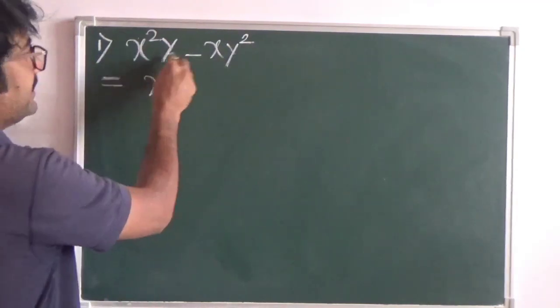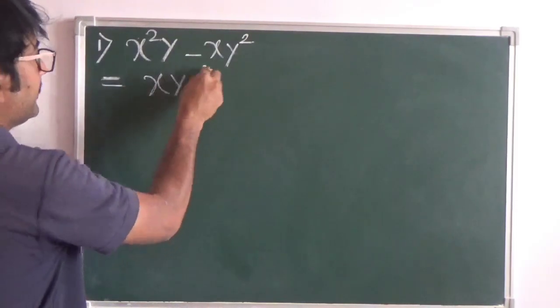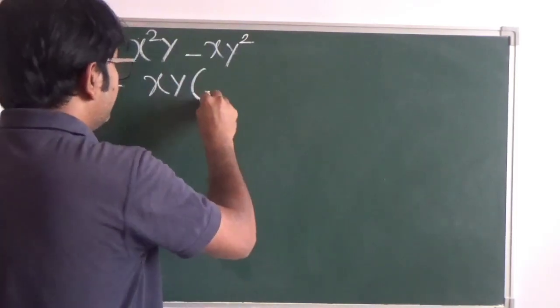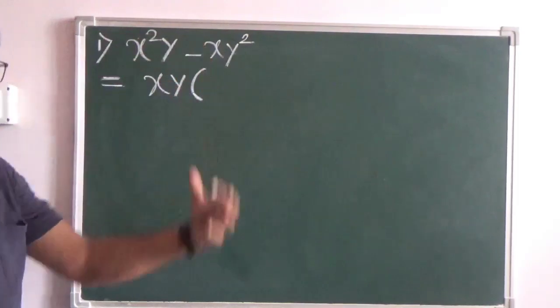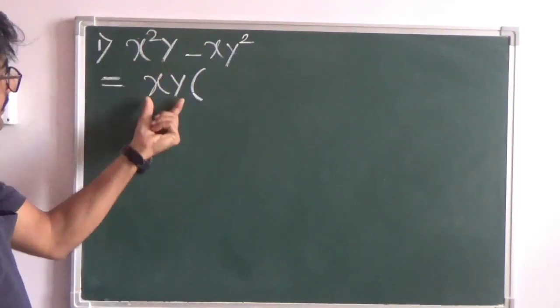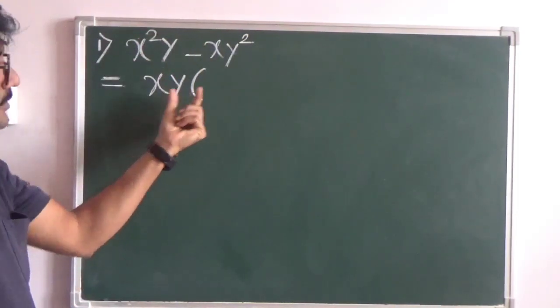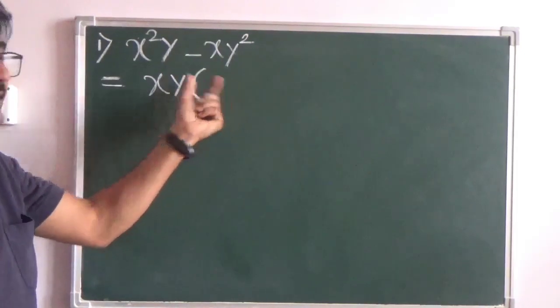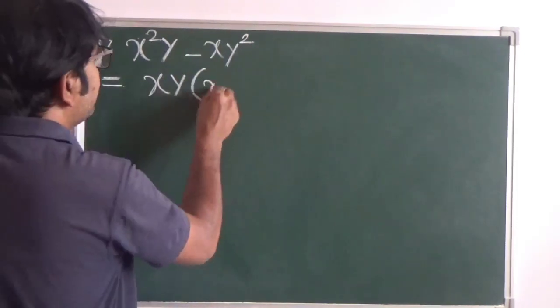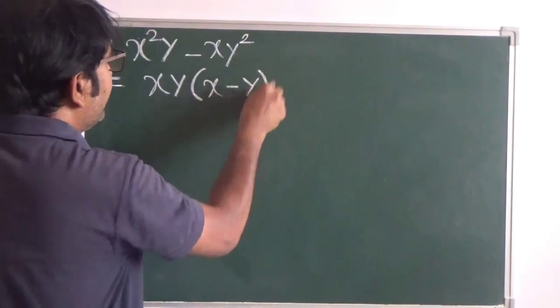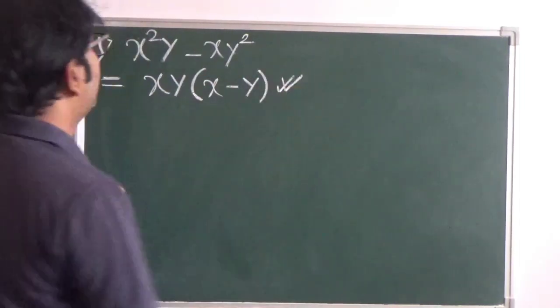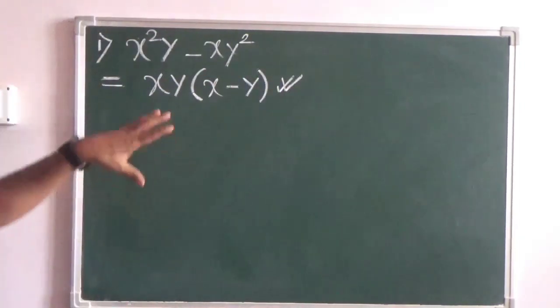And it is y and y square, so you can take y as a common factor. The remaining terms inside the bracket: we divide each term by xy and the quotient is written inside the brackets. So this is x and this will be y. So this is your answer to the first question.